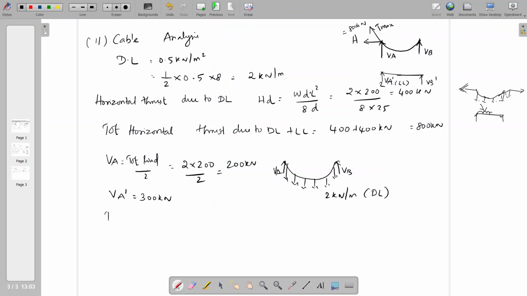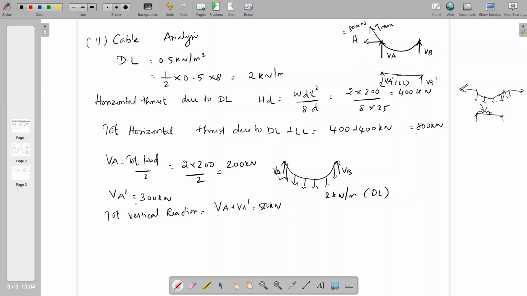So the net total vertical reaction equals VA plus VA dash, which is 500 kilonewton. Here we consider only the equivalent load of dead load. It is correct as per the concept, and we are not converting this half of the live load into equivalent UDL.